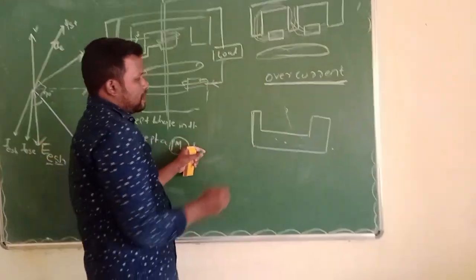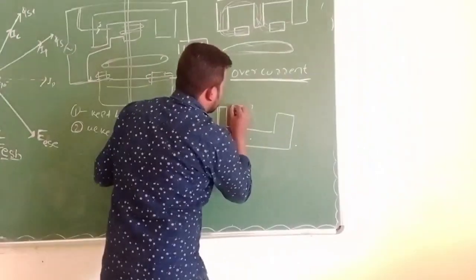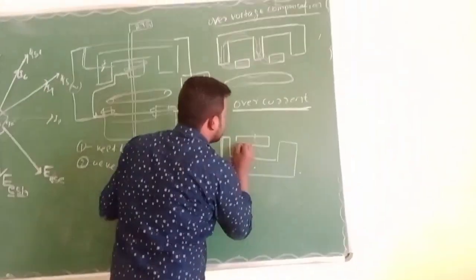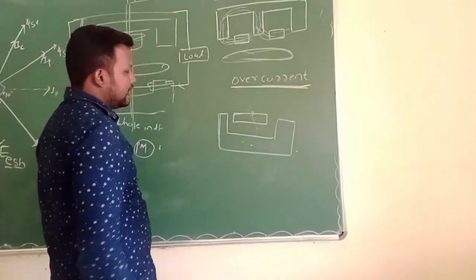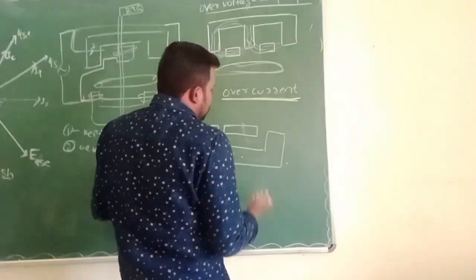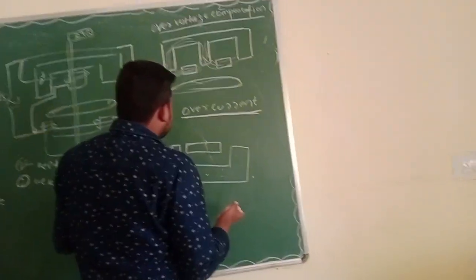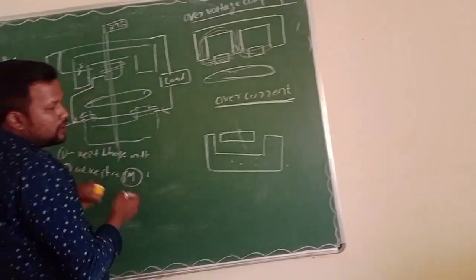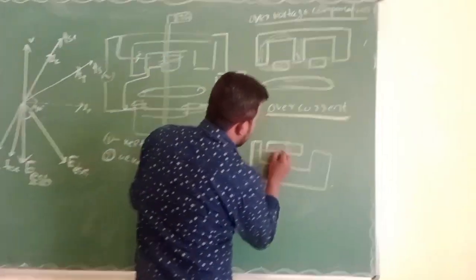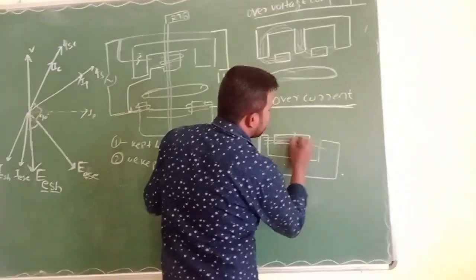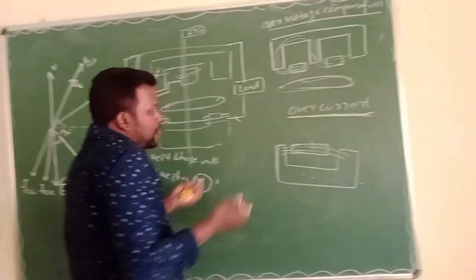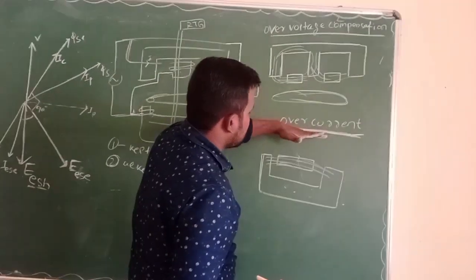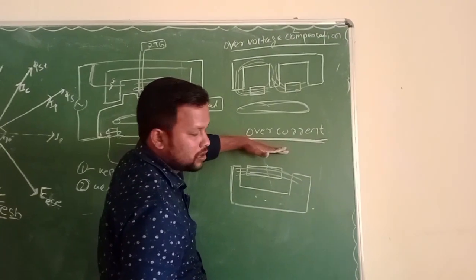So we have kept an iron plate in between the series magnet. If much more flux is passed to the aluminum disc, it should be bypassed to this iron plate, so that it does not impact the aluminum disc.